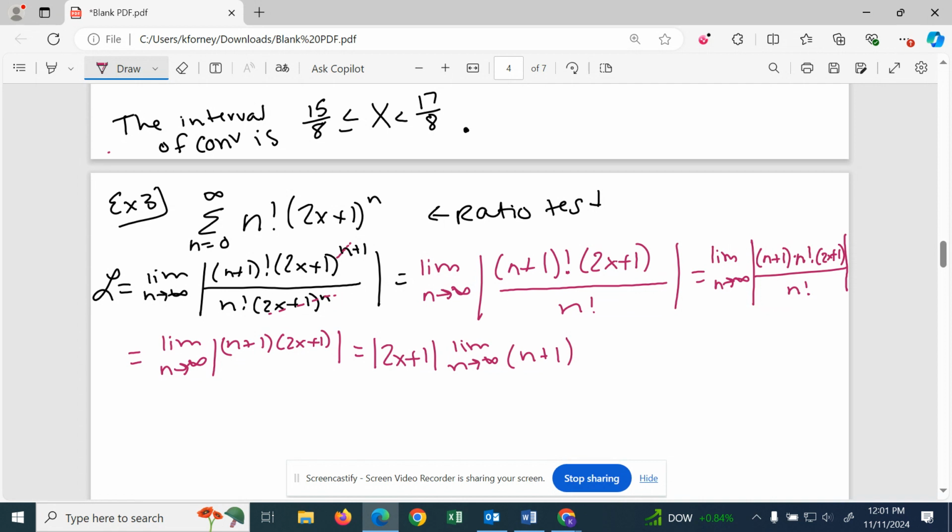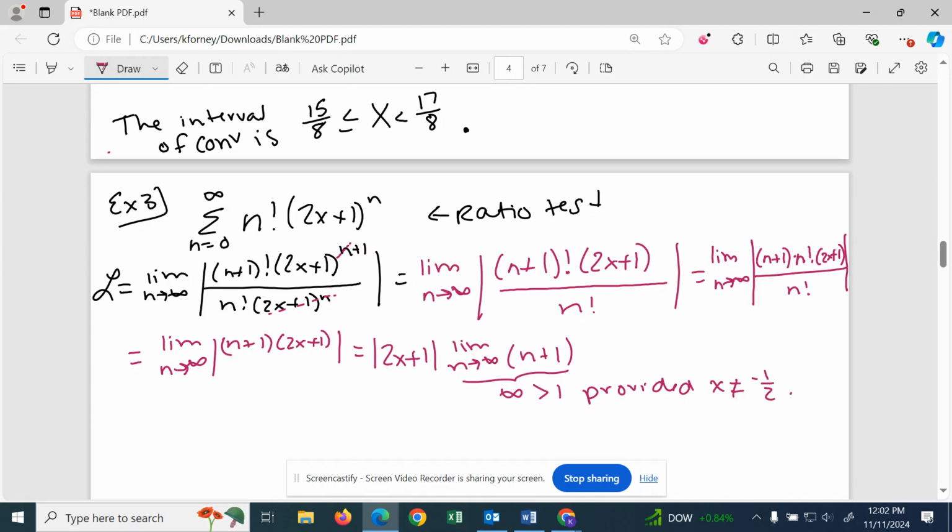So our limit would be infinity, which is greater than 1. So what I'm saying here is that this limit is infinity, but it's greater than 1, provided x doesn't equal negative 1/2.